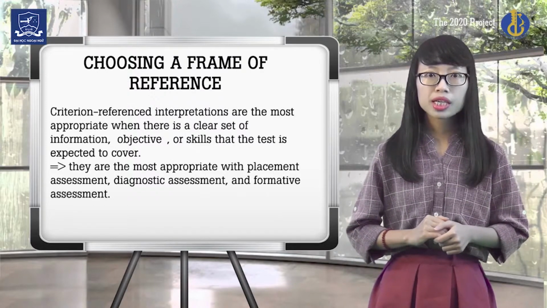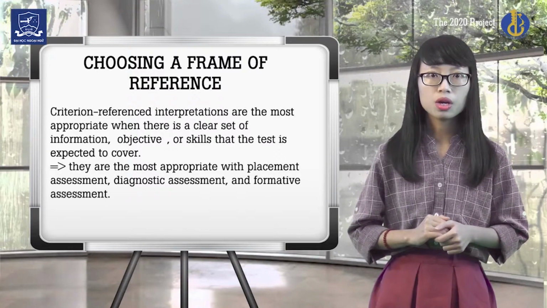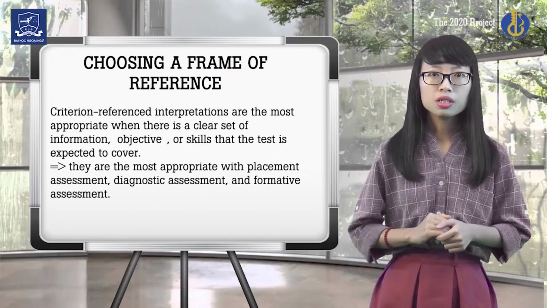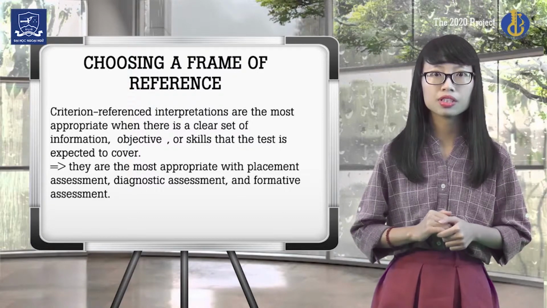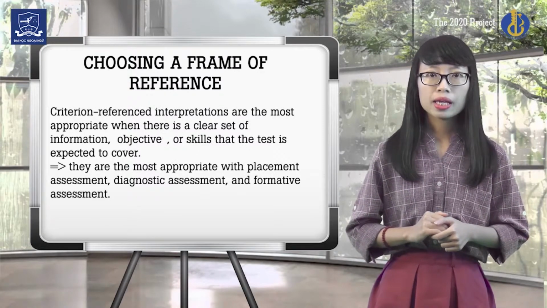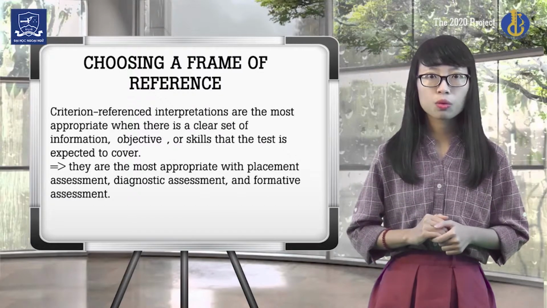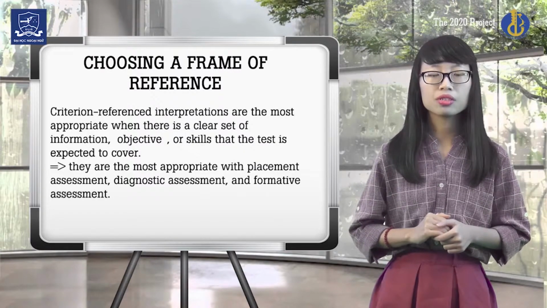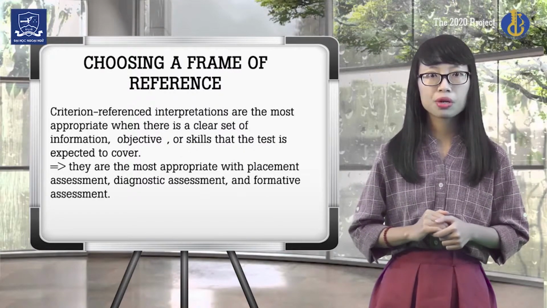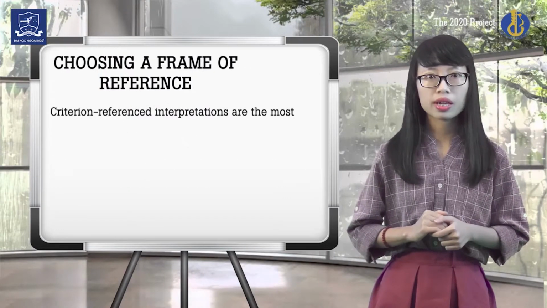This kind of interpretation is also suitable for diagnostic assessment, where you want to ask which particular skills the student is having difficulty with. And criterion reference interpretation is also suitable for formative assessment, which lets you know whether your students make enough progress with the skills and are ready for the next level or not.